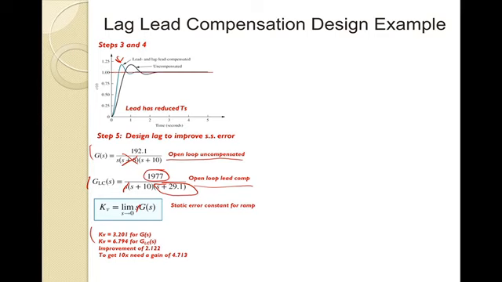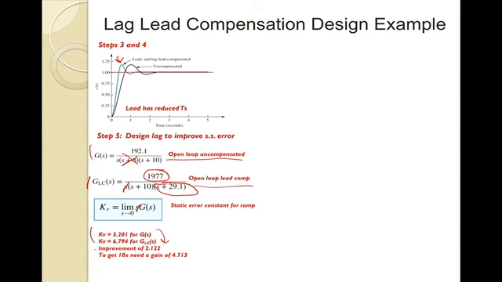And so going from GS to GLC, there was an improvement of about a factor of 2, right? The KV for just the GS, open loop uncompensated system, was 3.21. The KV for the open loop lead compensated system was up to 6.8. So that's a factor of 2.12. That difference, just by going with the lead compensator, gave you that.